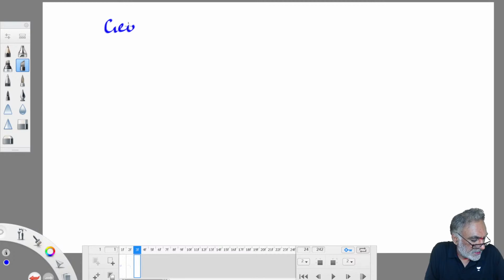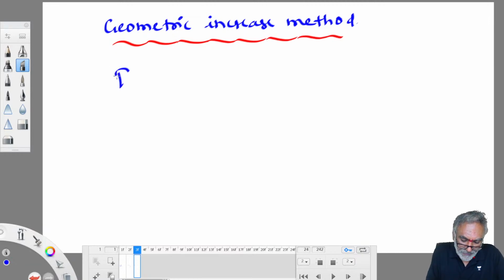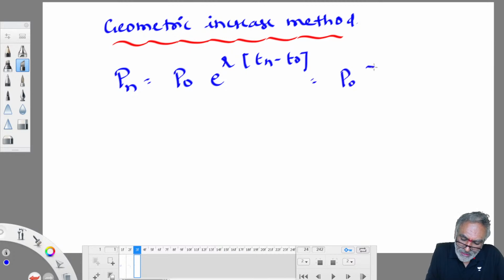Second method is the geometric increase method. I gave two formulae to you to find out future population at time Tn. It is P0 * e^(R(Tn minus T0)), or otherwise P0 * (1 + R bar/100)^n.